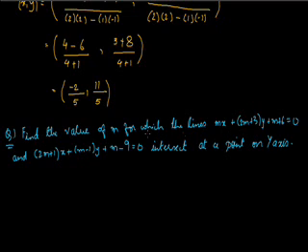Find the value of m for which the lines mx plus (2m plus 3) of y plus m plus 6 equal to 0 and (2m plus 1) of x plus (m minus 1) of y plus m minus 9 equal to 0 intersect at a point on y-axis.